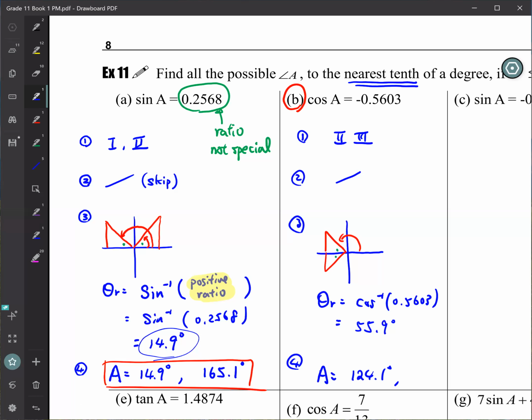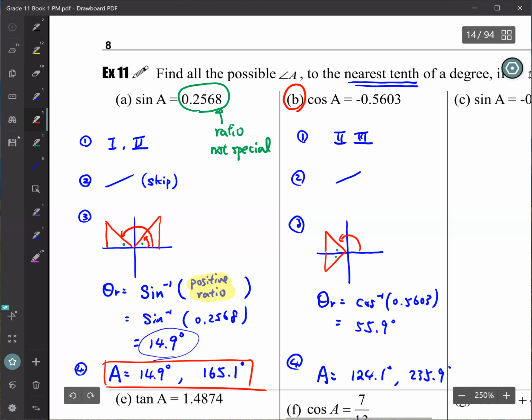Oh, it's 180 plus 55.9. That's correct, which is? Give me a second. 235.9. Yeah.